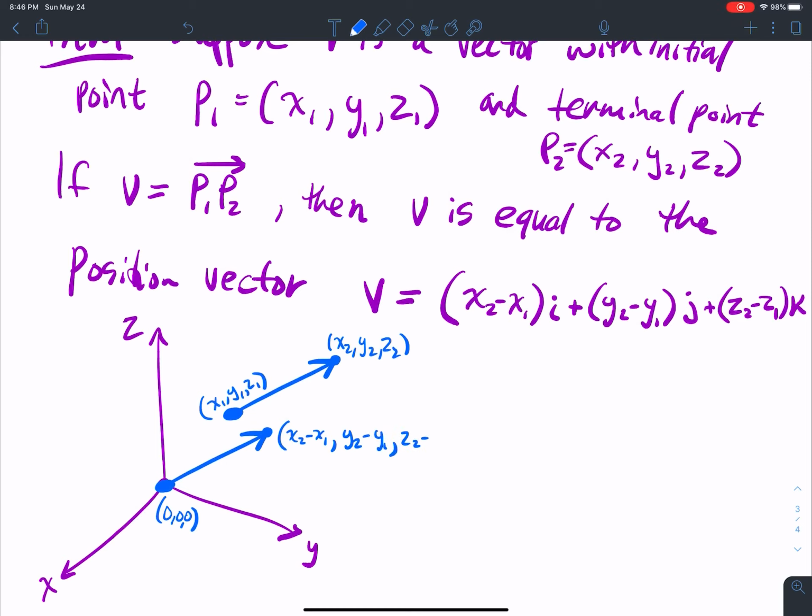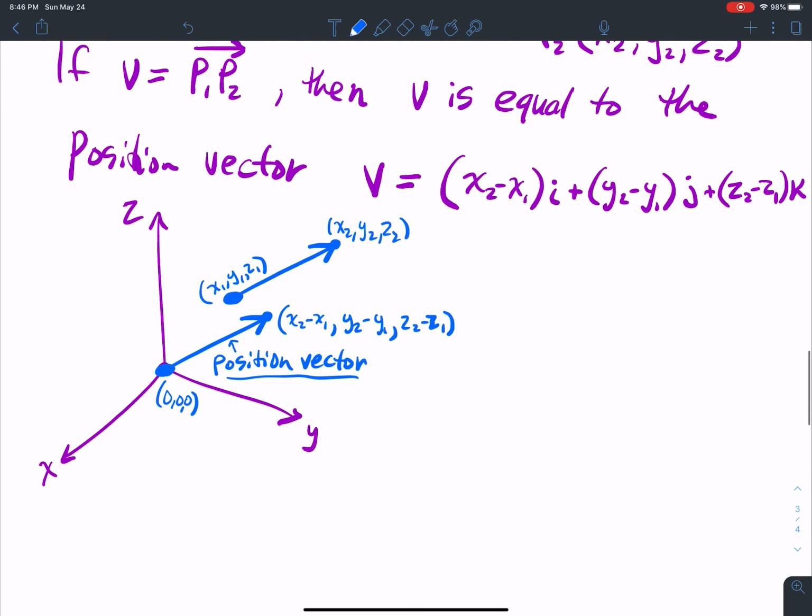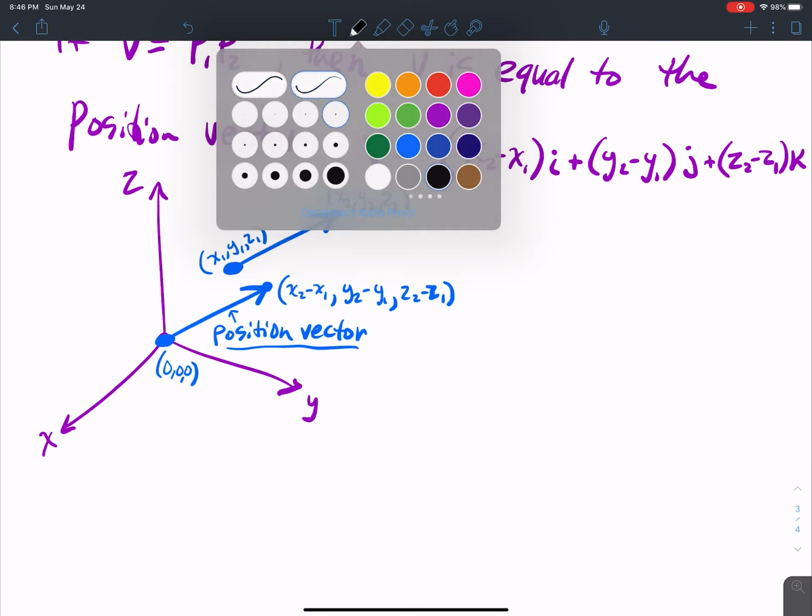And z2 minus z1 comes into play for that last component there. Okay? So this here is the position vector.